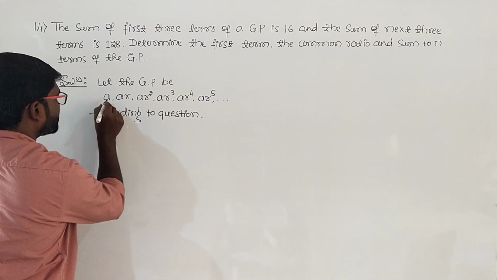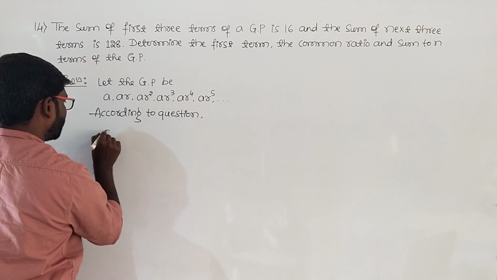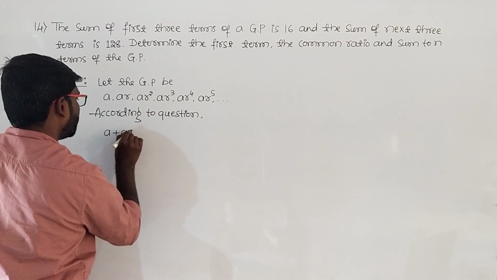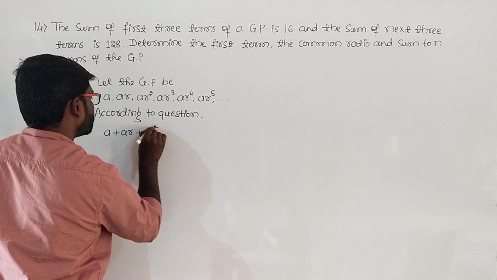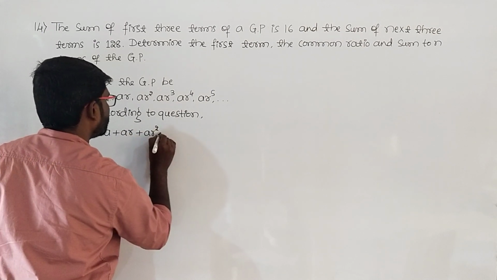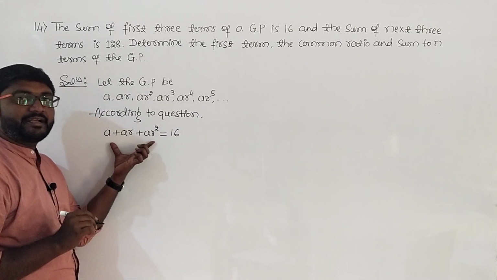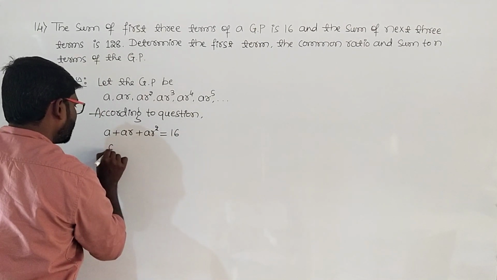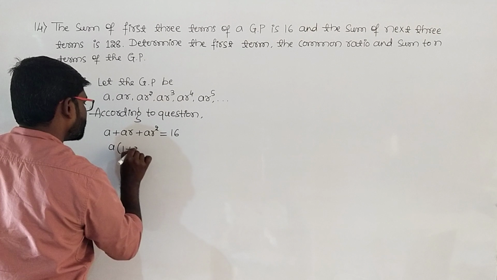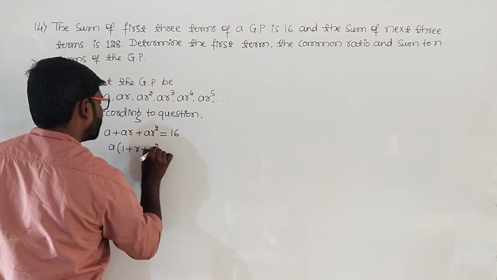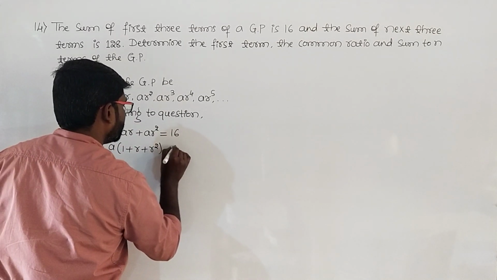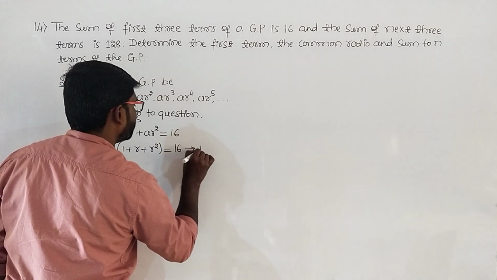Sum of first three terms means A plus AR plus AR square, which is equals to, what is the sum? It is 16. So in all the three terms we can take A common. So I take A common, you get A into 1 plus R plus R square, which is equals to 16. Call this as equation number 1.